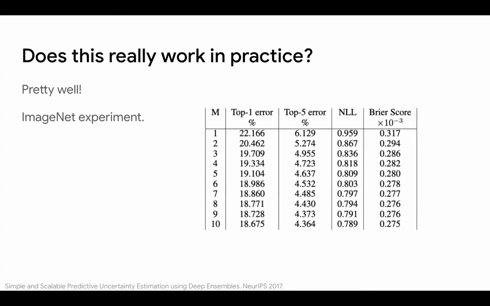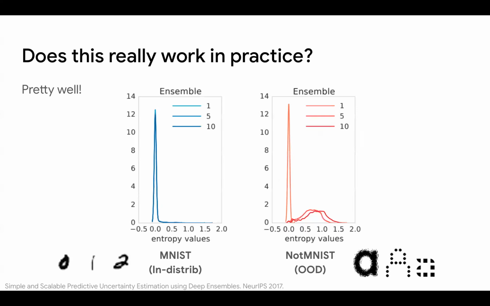Exactly. If you look at individual models, like this single model case here, they're super sure about one of the classes anyways, and that's not good. Only by averaging these out do you get higher entropy values, closer to uniform.